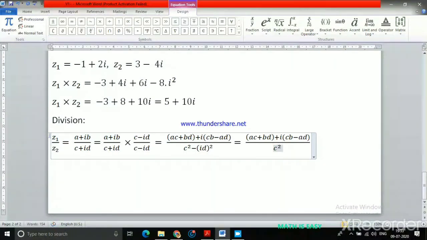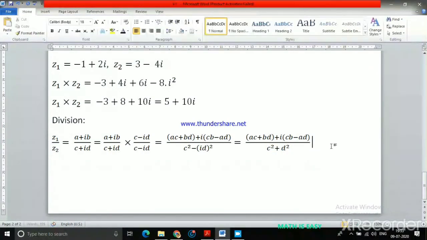This is id whole square, that means i square into d square. The i square value is going to be minus 1 into d square. Already we have a minus sign, so minus into minus is going to be plus. Then here you are going to get d square. So it is going to be c square plus d square.